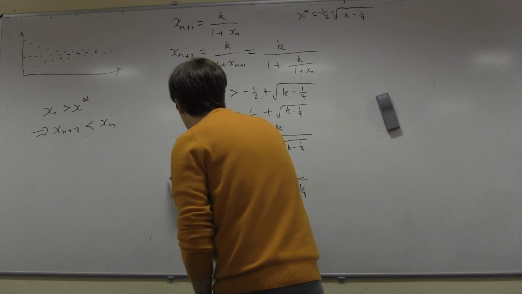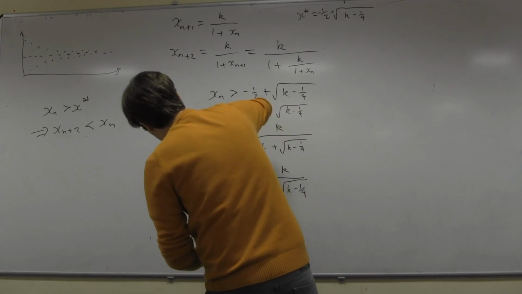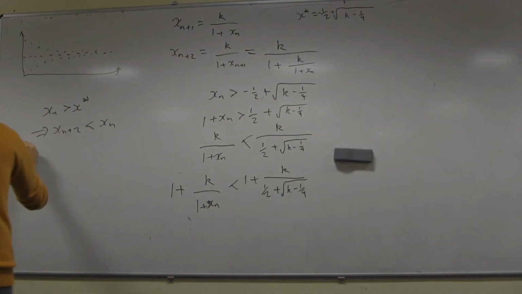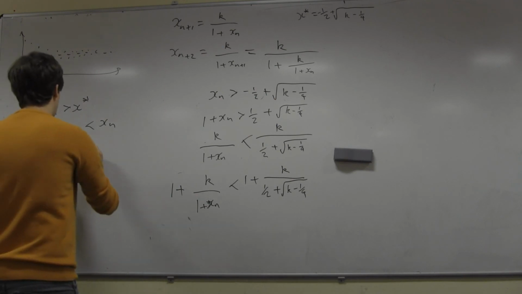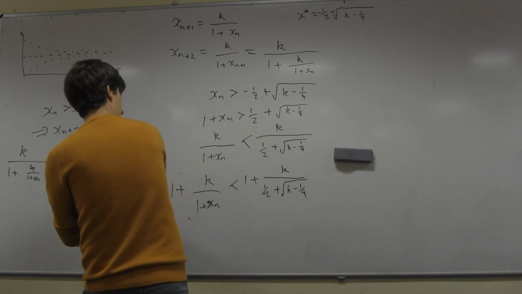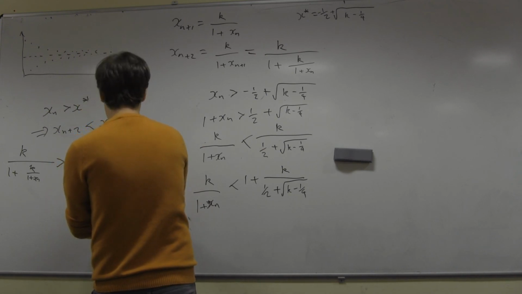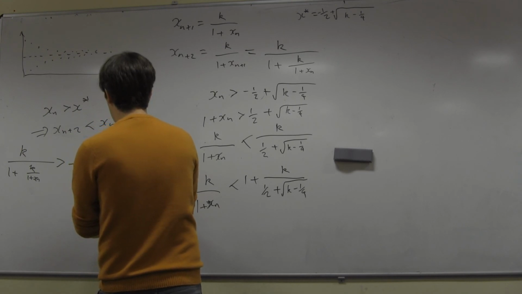I'm just going to put it in here because I'm running out of space. So k divided by, well, no, that's a mess. Sorry, let me write over here. So k divided by 1 plus k over 1 plus xn must be greater than k divided by 1 plus k divided by half plus the square root of k minus a quarter.